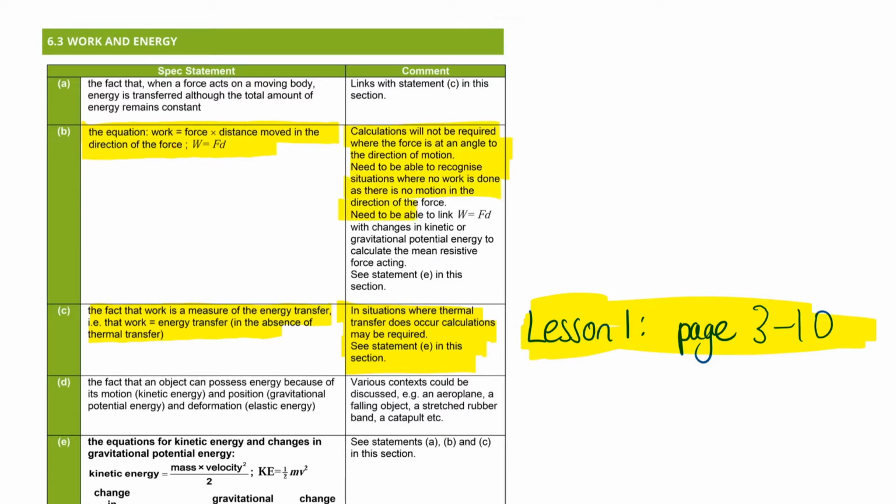There's some more information there that you can read through. And also the fact that when a force acts on a moving body, energy is transferred although the total amount of energy remains constant. That's the principle of conservation of energy. The total amount of energy remains constant.